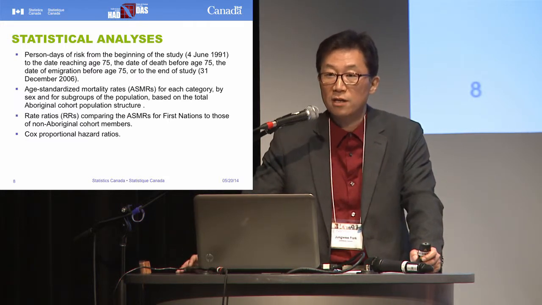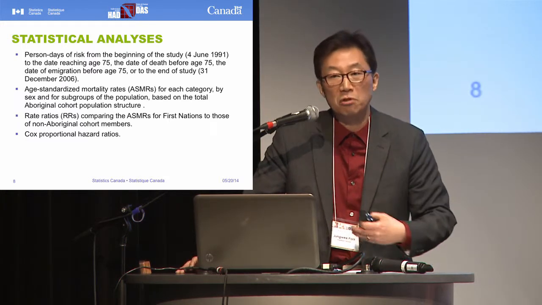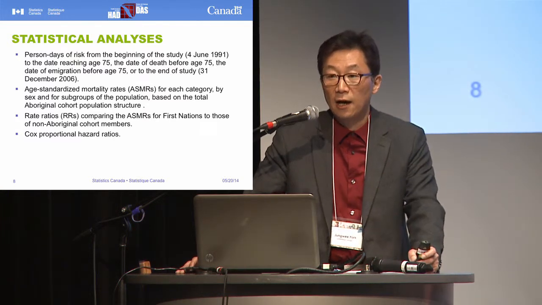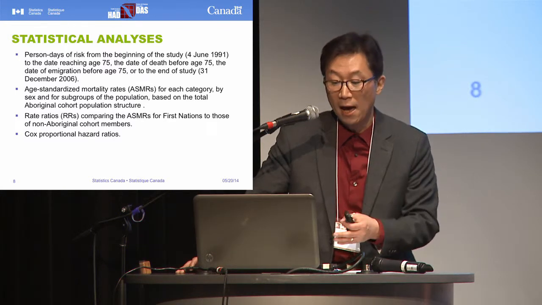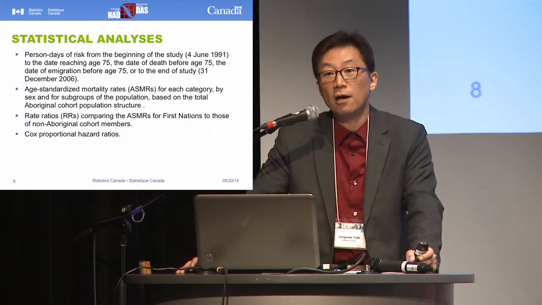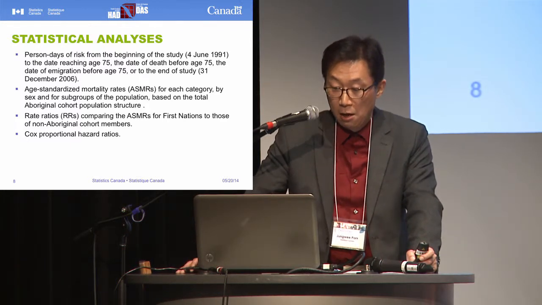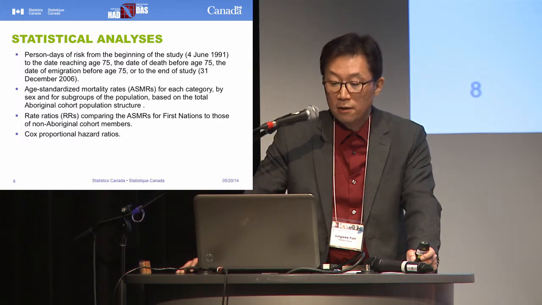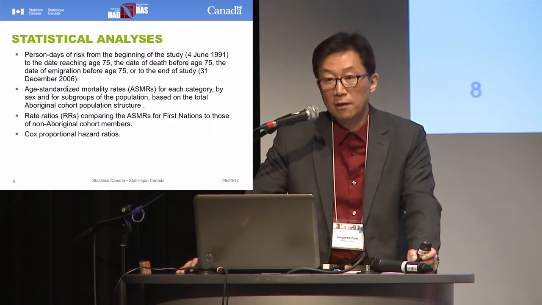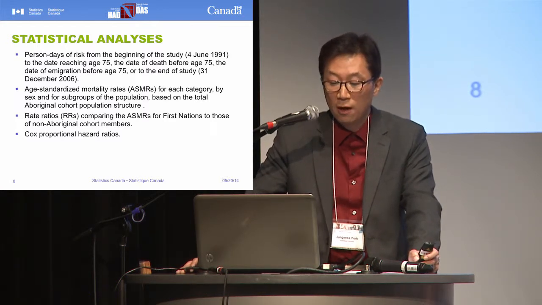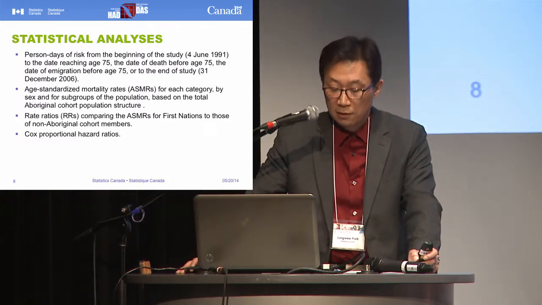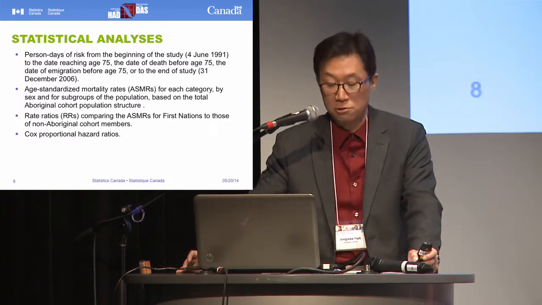Based upon that information, we calculate the crude rates, and then based upon the five class crude rates, we calculate the age-adjusted mortality rate. For that, we used a standard Aboriginal population. Based upon ASMR, age-standardized mortality rates, we calculated rate ratios and rate differences, and also conducted a multivariate analysis, and we calculated the Cox proportional hazard ratios.